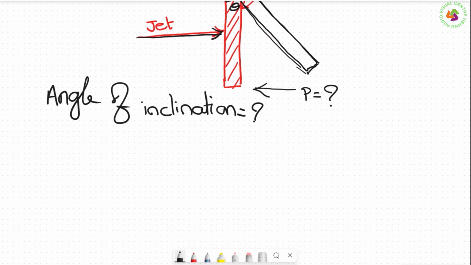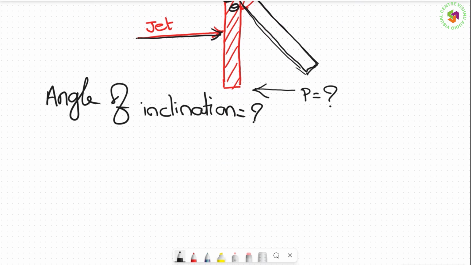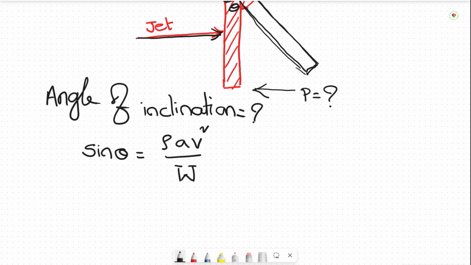If you remember one formula, all others can be solved. I'm not going into the derivation of how you are going to solve this. I'm straight away coming to the point. Whatever is required for you is sin theta equals rho A V squared divided by the weight of the plate. This is the answer. What is rho here? Rho is the mass density of the fluid.